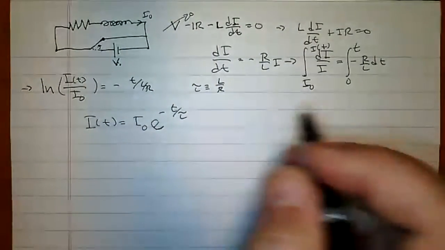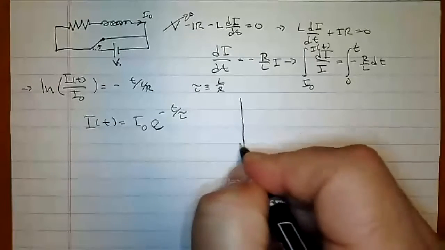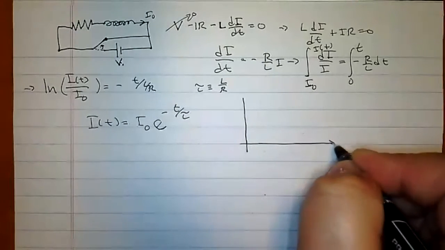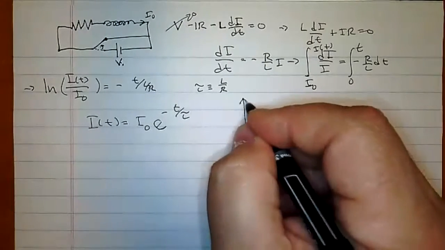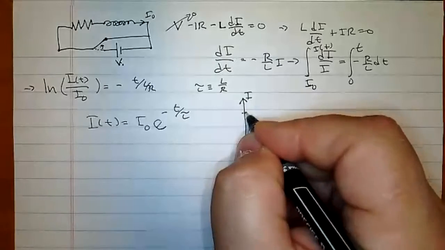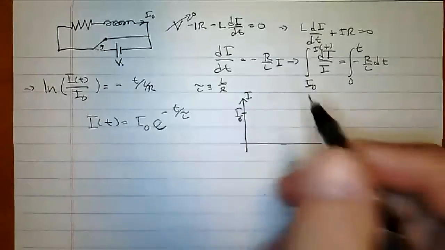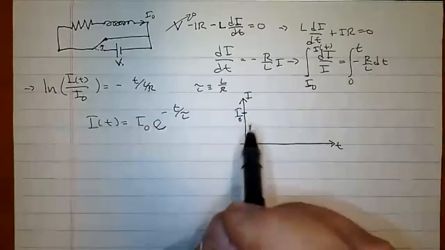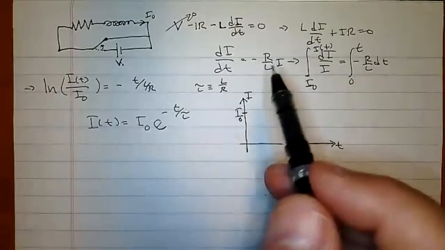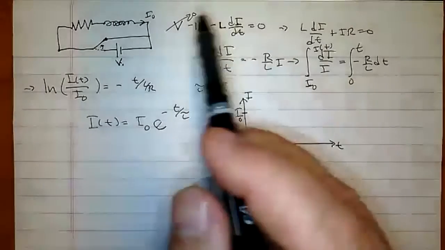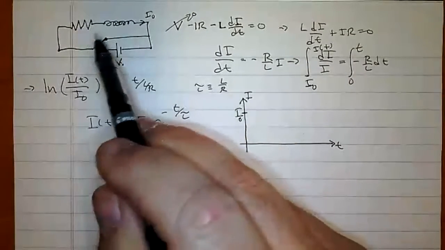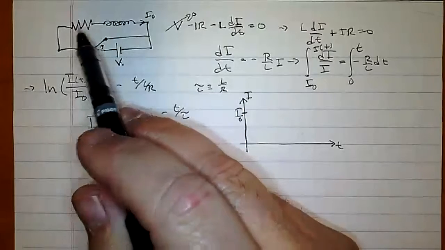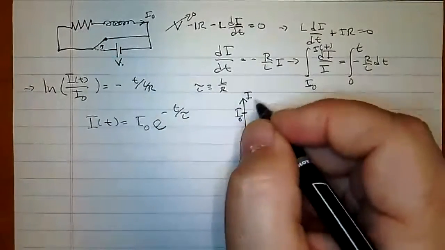So what you can see is now I've got a current as a function of time that starts at I0, which in this case, if you hadn't done the previous problem, you wouldn't know. It'd just be something that you'd measure. But if you realize the previous problem, that turned out to be just V over R. But the I0 will suffice here.